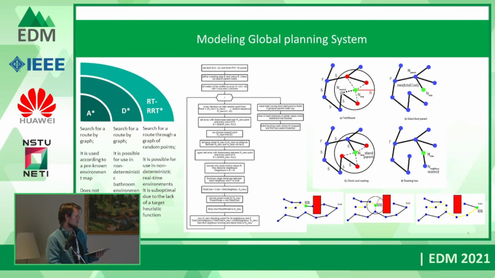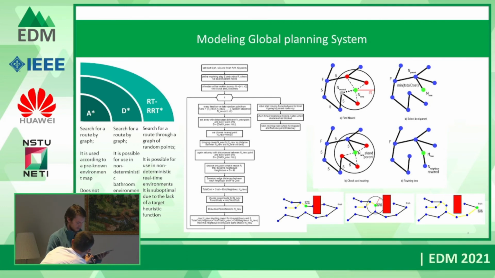And the global planning system is RRT star. It works like a sample-based method. This means that we build a graph from random points. Every iteration of this algorithm, we take a random point in the area, then we look for the closest point to the random one, and move the random point closer to the closest point by epsilon distance. Then in the R radius area from the new point, all points become neighbors.